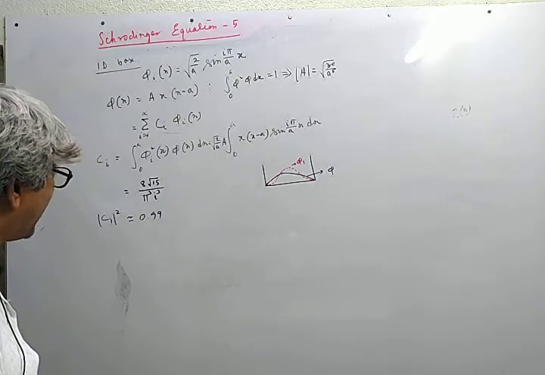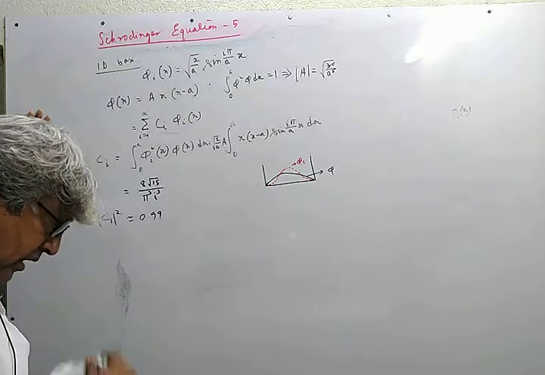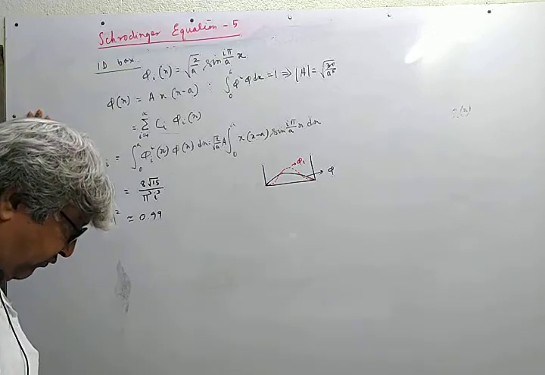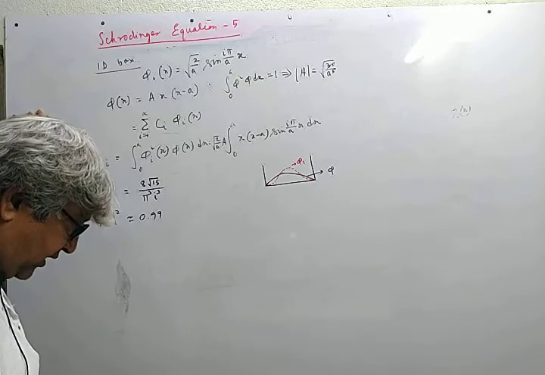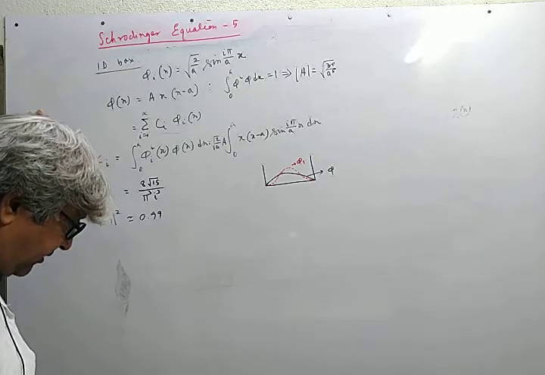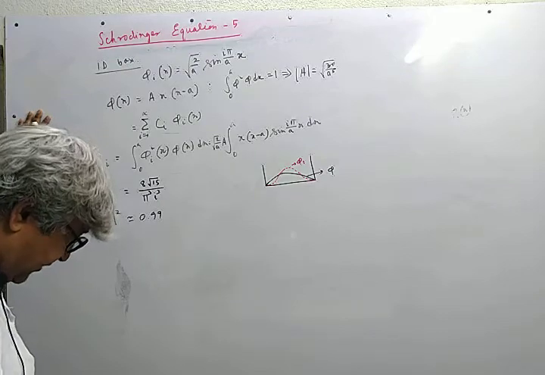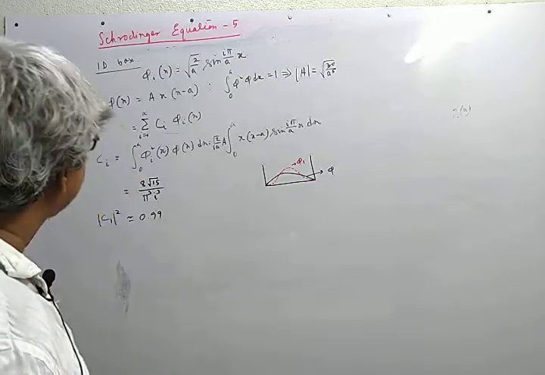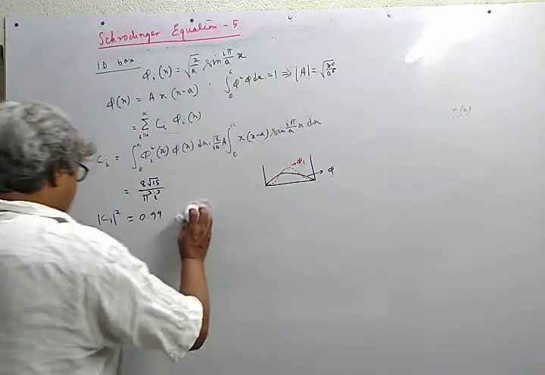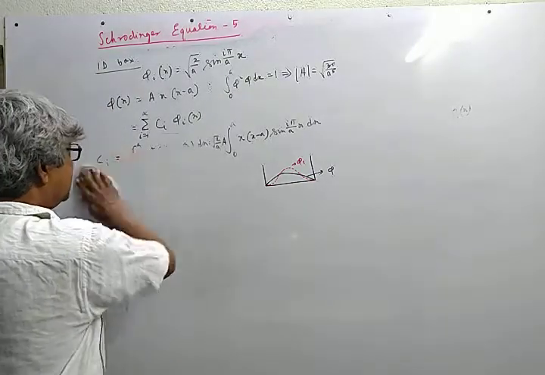And we also have shown that the superposition of state obtained from the time independent equation is not an eigenfunction of the time independent Schrodinger equation. Now let us go to the time dependent case and see what happens.